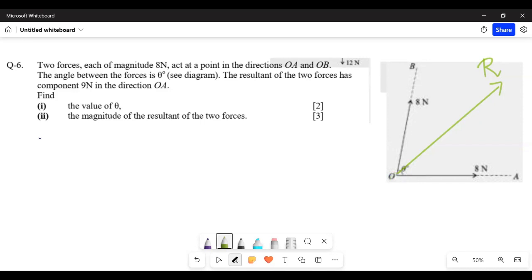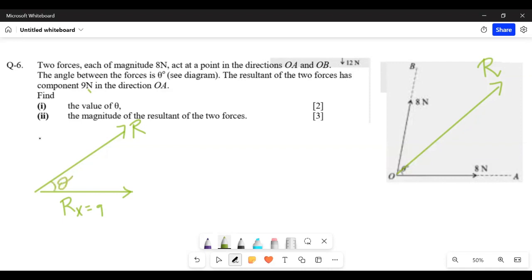So that's the resultant force. And you're told that the component in the OA direction of the resultant force is 9 Newton. That means you're given Rx. That's R, and that's going to be Rx, which is given. Find theta.